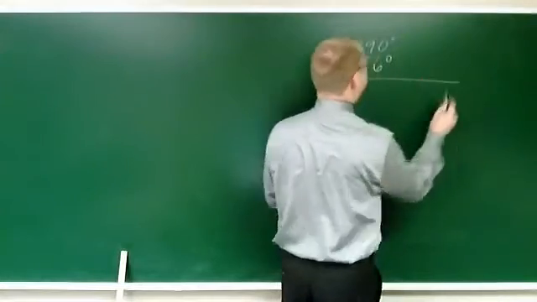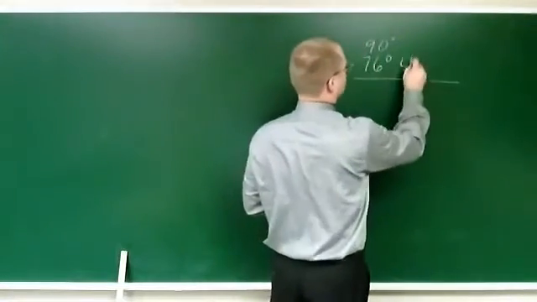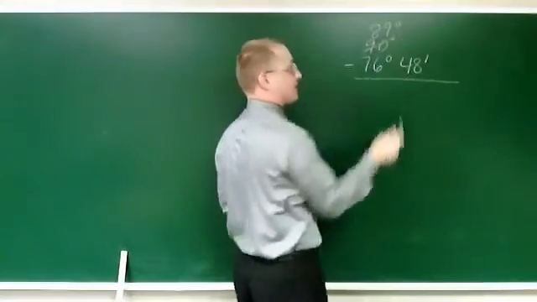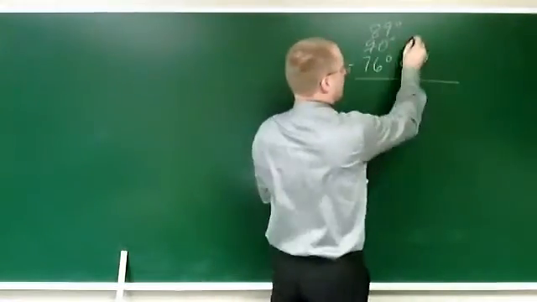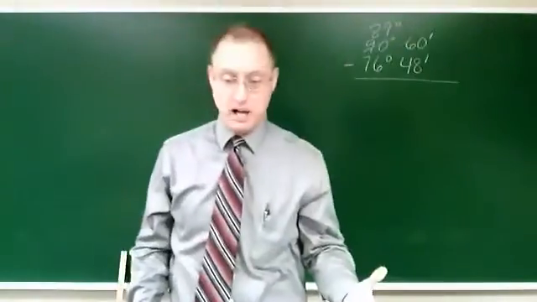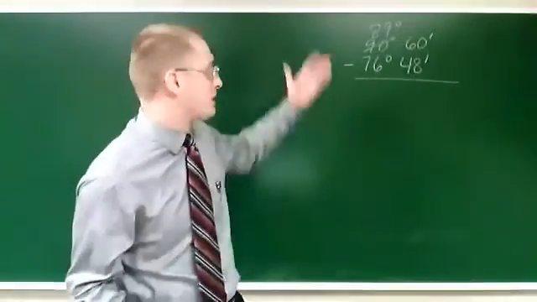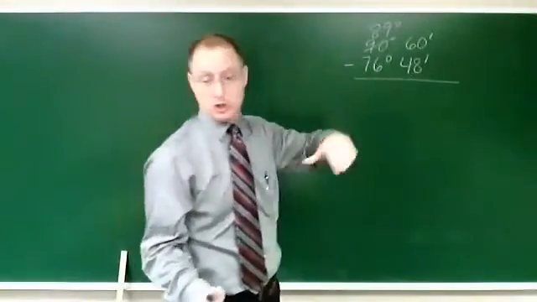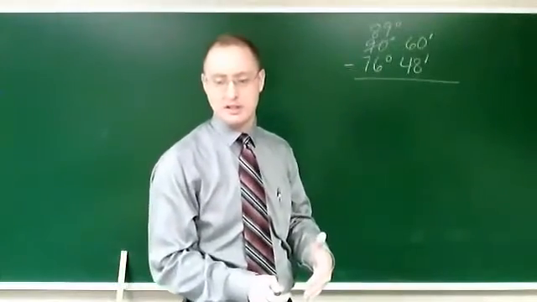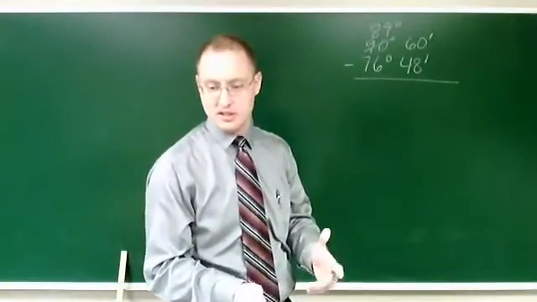So then, if I had, say, 76 degrees, 48 minutes, I would need to borrow one of those degrees, so we have 89 degrees, and that 1 degree comes over here as 60 minutes, and then we could subtract. That's if we were finding the complement, right? We would subtract from 90, or we could borrow. In fact, if we were to subdivide a minute, we could divide it into 60 seconds. I'll give it to you.